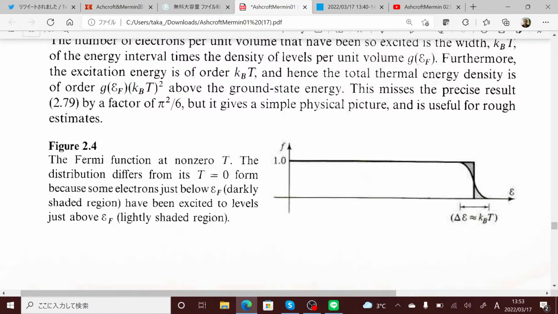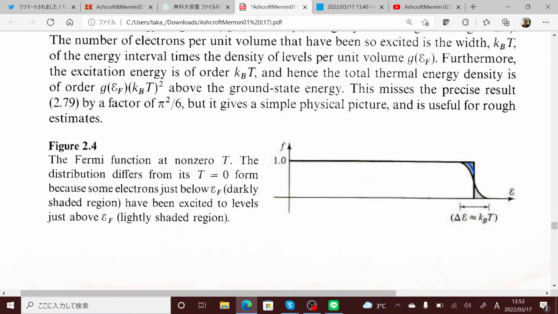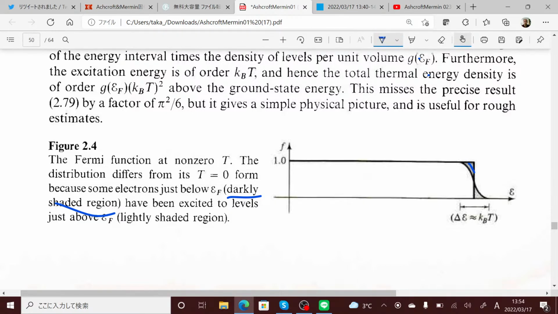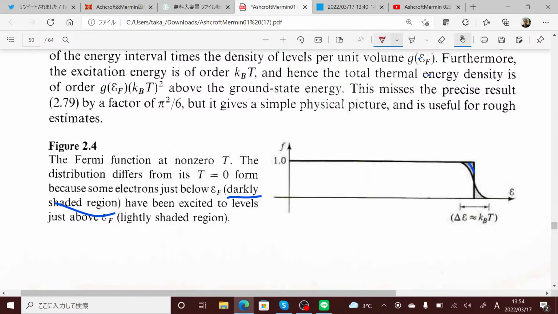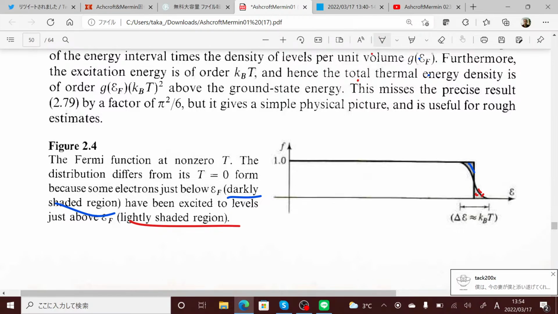I think the darkly shaded region is this. This is the lightly shaded region.